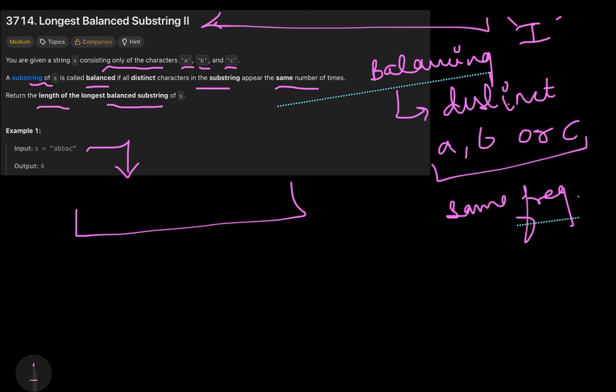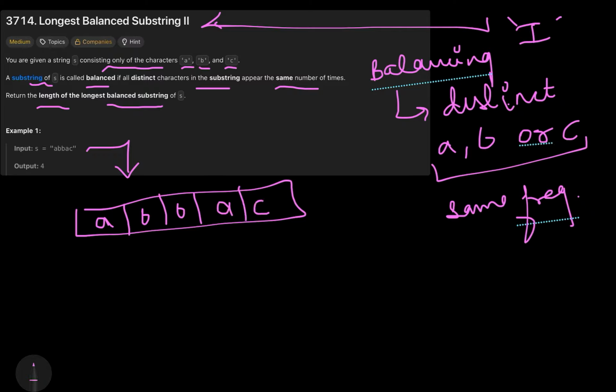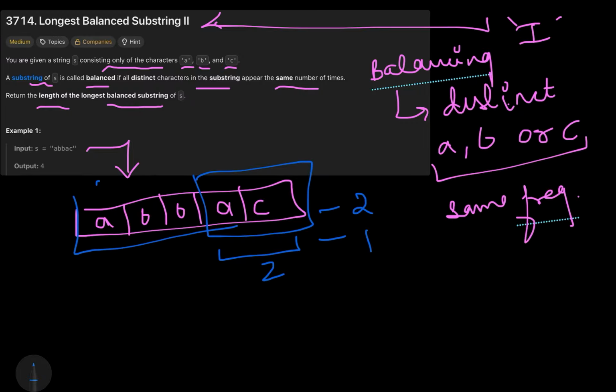So let's see with this example what is given. It is given A, B, B, A and C. Here we can see that if we take this substring, the distinct letters are 2 and the frequency is 1, so the length would be 2.